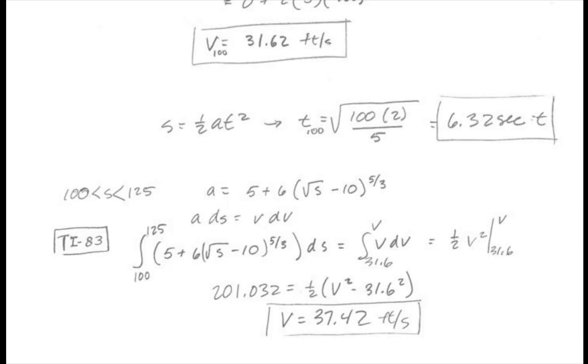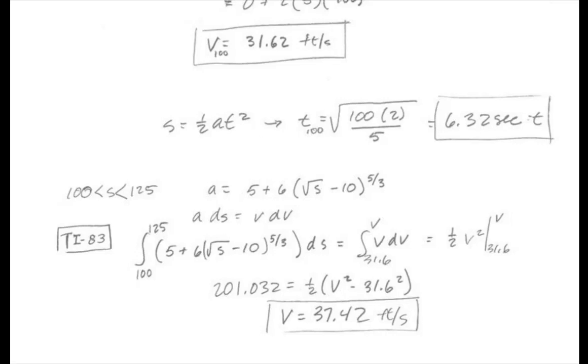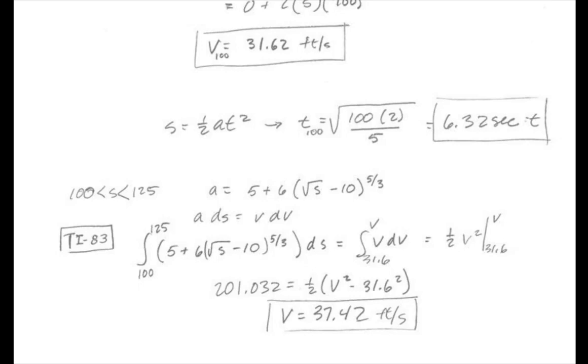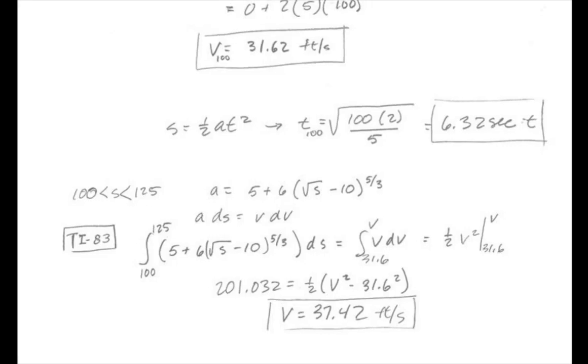Set the problem up like that and integrate both sides, noting that my beginning speed for this part of the problem is 31.6. Then I can find the speed at the end of 125 feet.